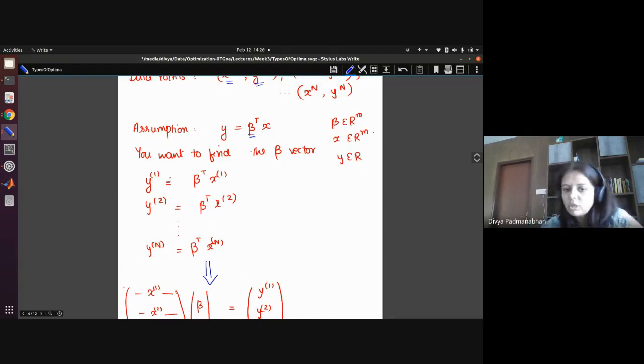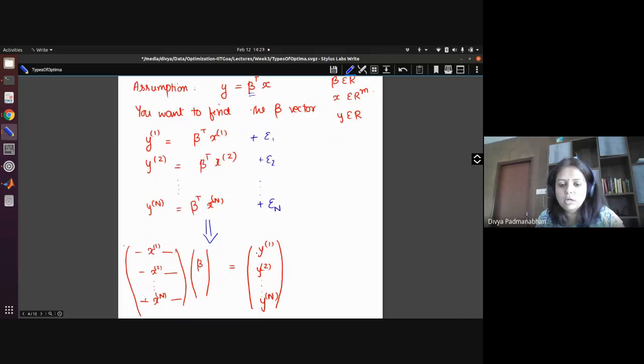But almost always, all these y's are not exactly going to be representable as beta transpose x. In the sense, you will have some noise term, some epsilon1, some epsilon2, and so on. These are noise terms that get added, and that's why you are not going to have a perfect solution here.